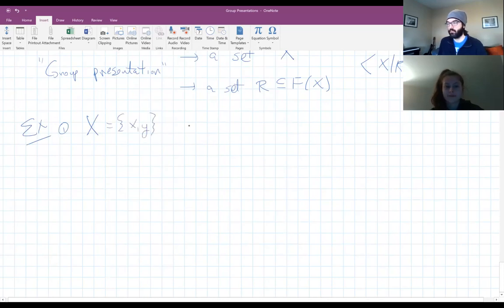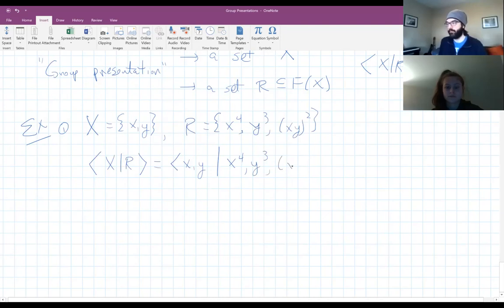And let R be the set X to the fourth, Y to the third, and XY squared. Then if I write the group presentation, this is going to be the group generated by these two symbols, X and Y, modulo the relators, X to the fourth, Y cubed, XY squared.